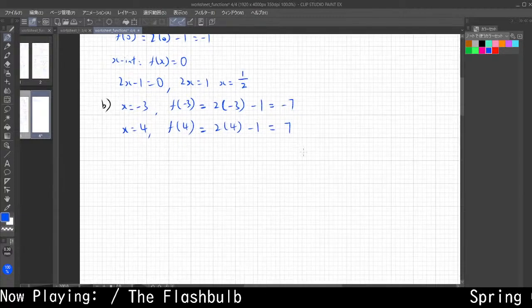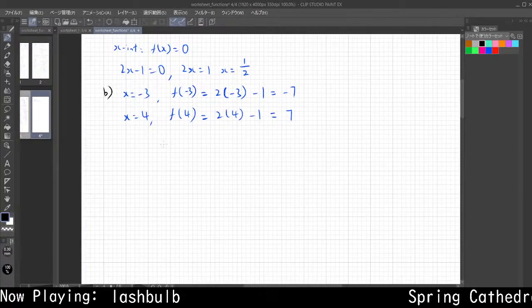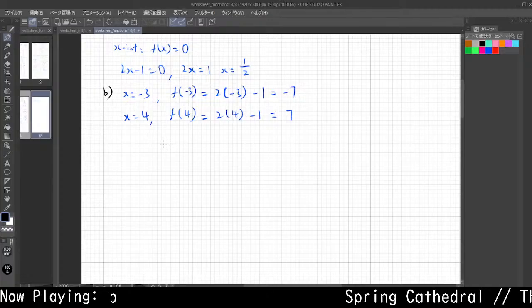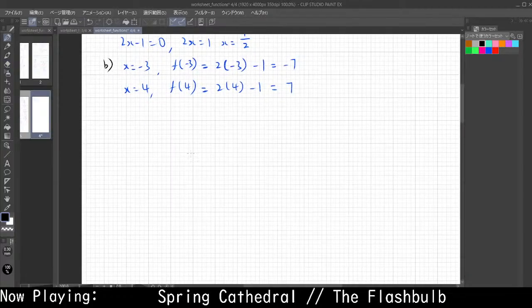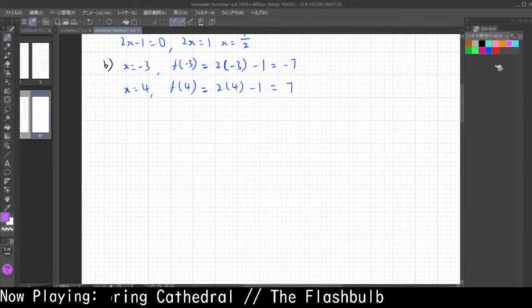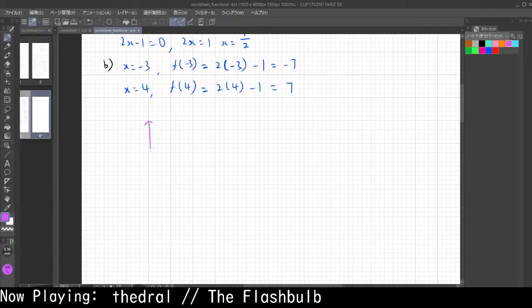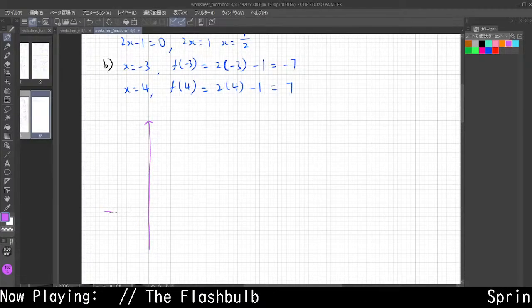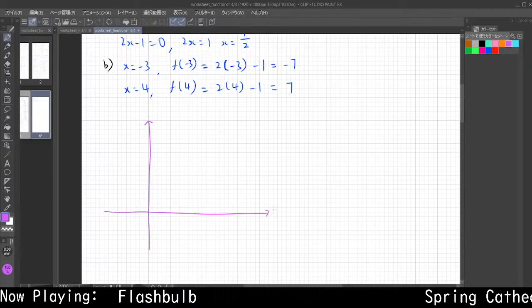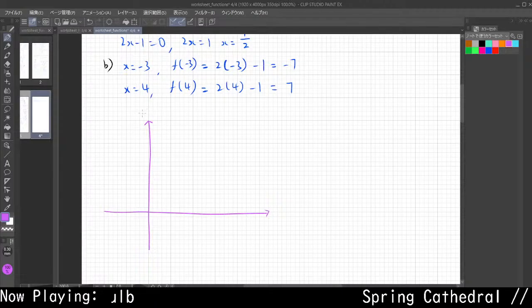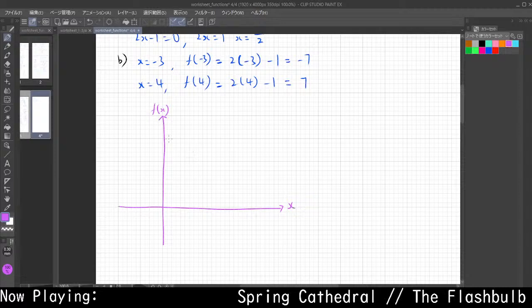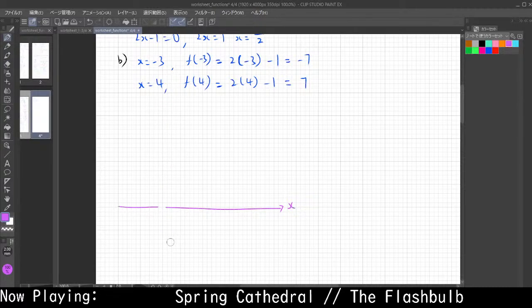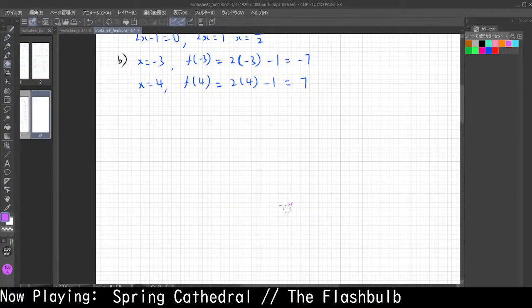Then since you don't have a V shape, you don't need to. I mean, the question will ask you to find the x and y intercept. f(x) goes here, x goes here. This is -3 and 4. I drew it to center. Okay, it works like this.